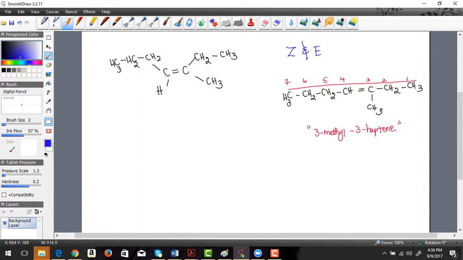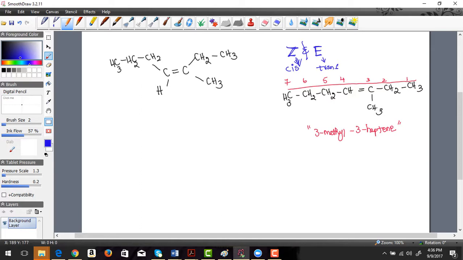Let's not go into the German pronunciation. Let's just know it as Z and E. Z is very similar to cis, and E is similar to trans. You cannot use cis and trans here because the groups on either side are not identical.